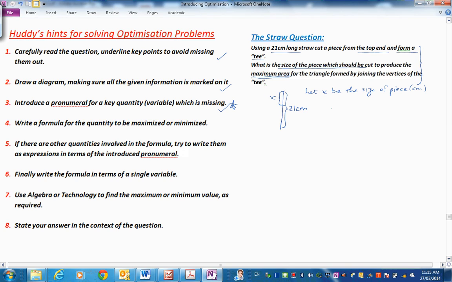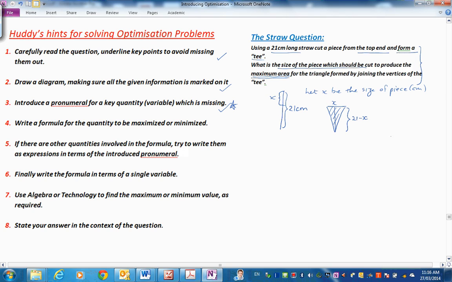So let's draw this now. We now have this, and we can draw our picture, and we want the area. But now we have to be sure of labelling it properly. That was x chopped off and laid across the top. So this is 21 take x. We're not doing that trial and error stuff that the guy showed us there.